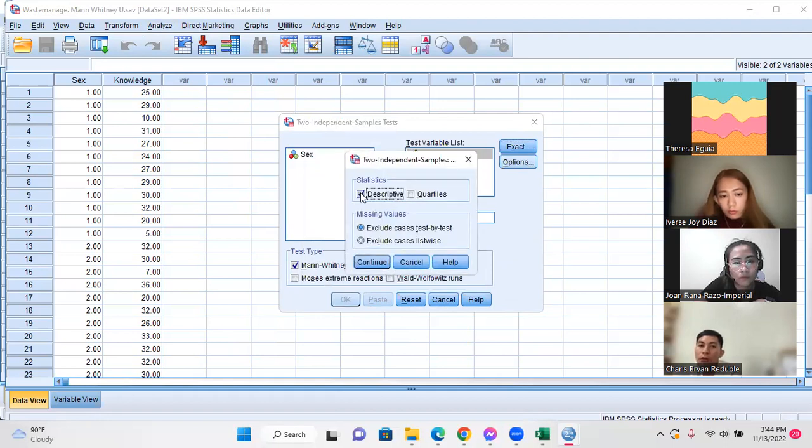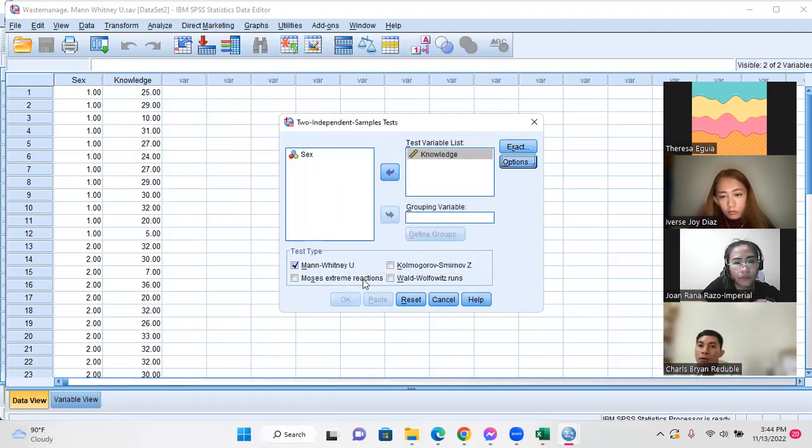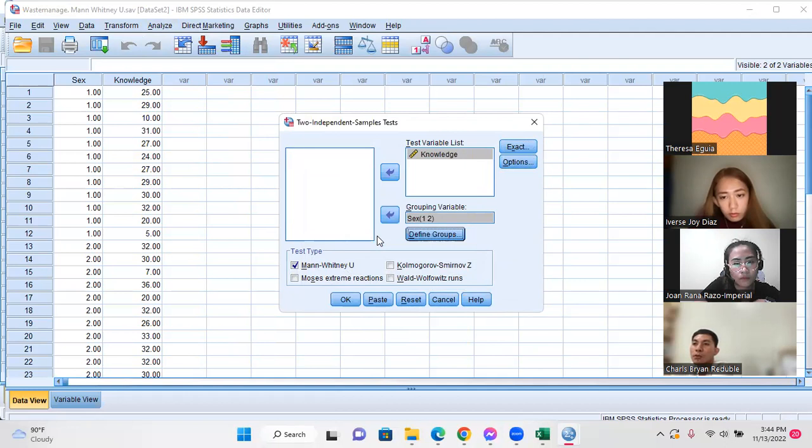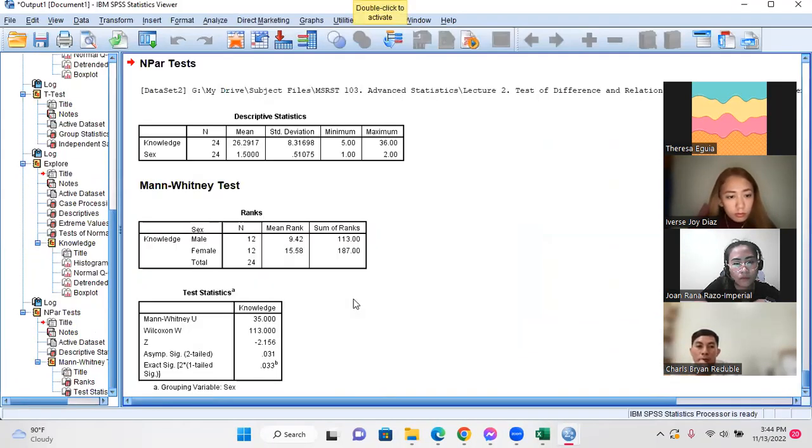Lagyan natin ng descriptive para malaman natin ang mean. And then grouping variable. Ito sex. Ito yung mean rank.